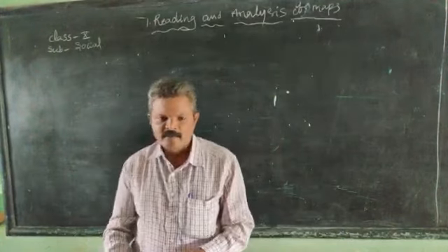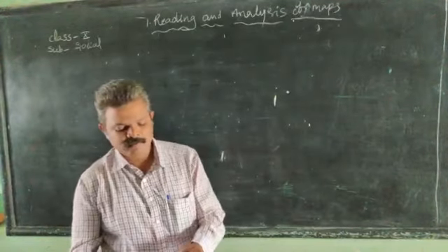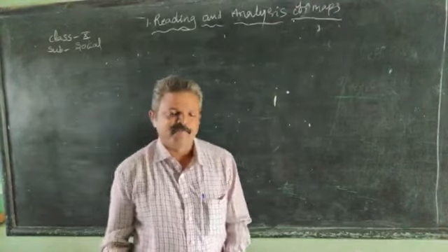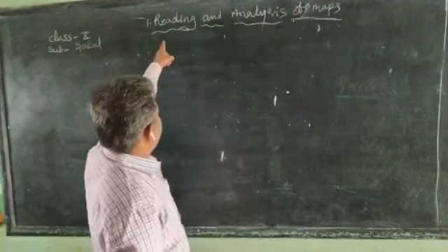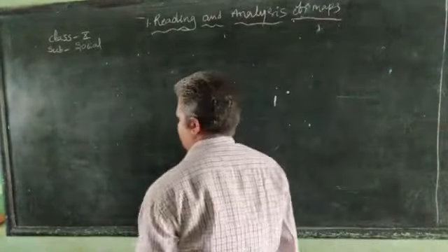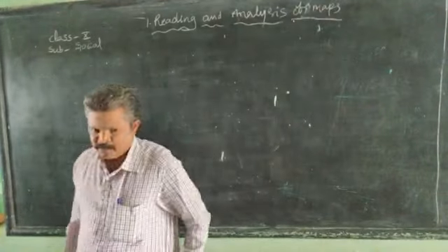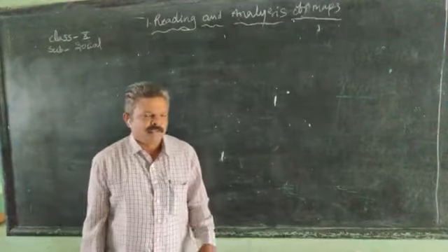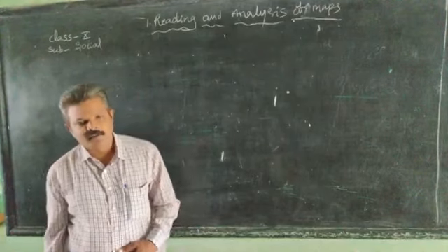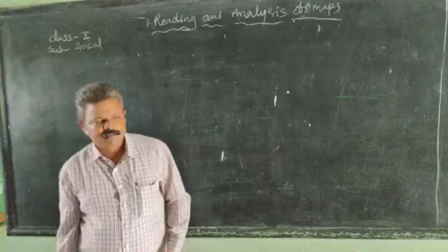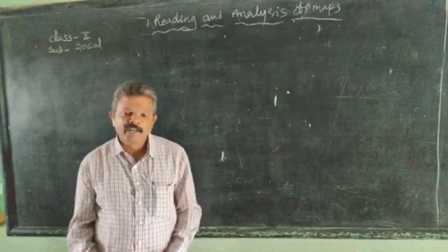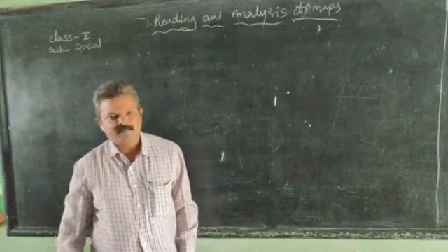Today we are discussing reading and analysis of maps. Reading and analysis of maps. In previous classes, like sixth class and seventh class, in sixth class we read about reading and making maps.